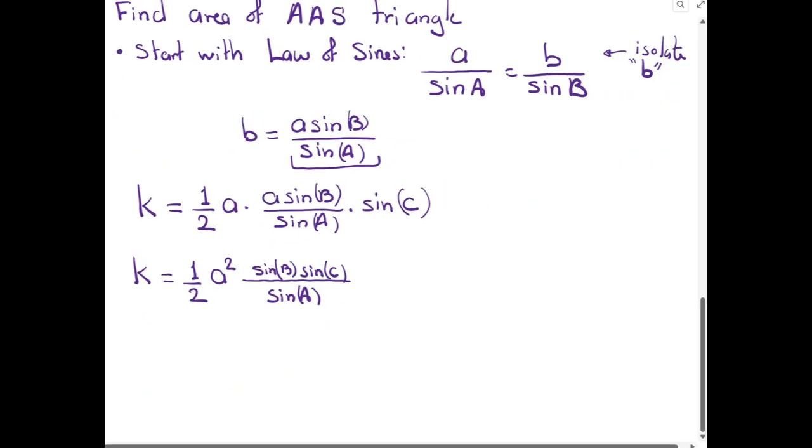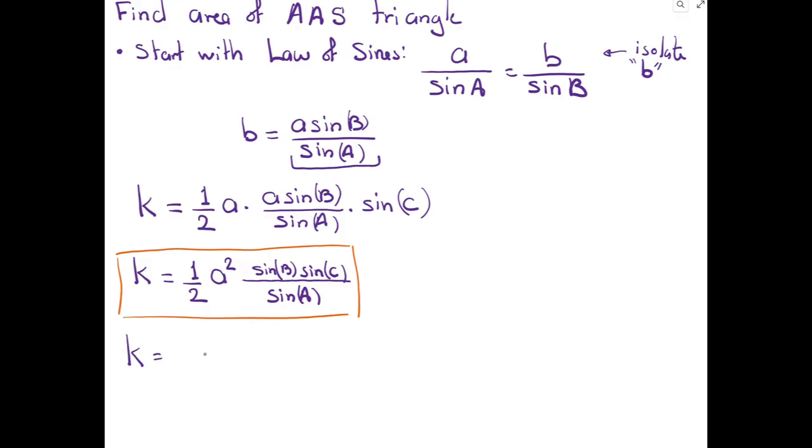Now, this is one form of it. And then just like before, we can rewrite that also as K equals 1/2 B squared. Notice how I have the A here for sine A and then sine A in the denominator, and my two other angle sines are in the numerator. So if I have B here, I will have my sine B in the denominator, and then I would have sine angle A times sine angle C in the numerator.